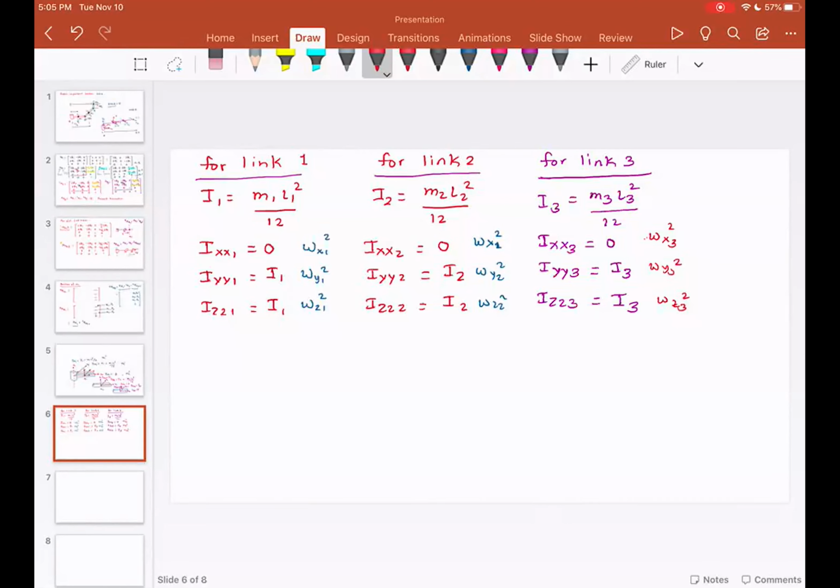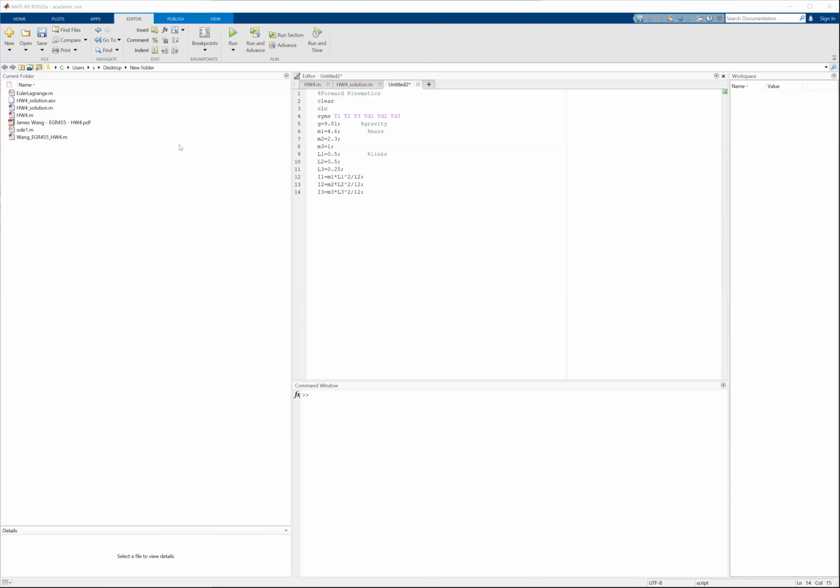Now I'm going to go back to MATLAB. So now we are on MATLAB.